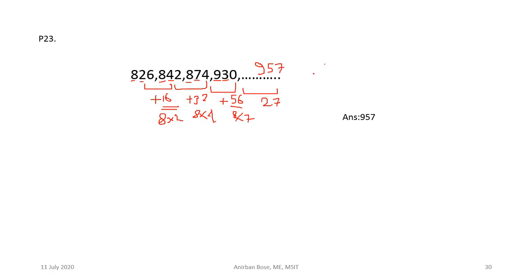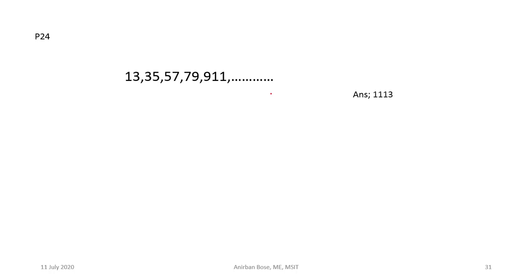Okay. Now see this problem. Here 13, 35, 57, 79, 911. What will be the next term? So here you look in this way. If you see the first digits, you see 1, 3, 5, 7, 9.